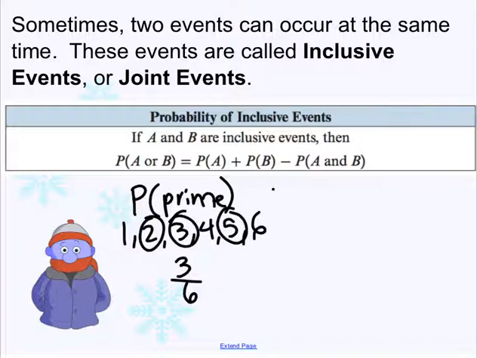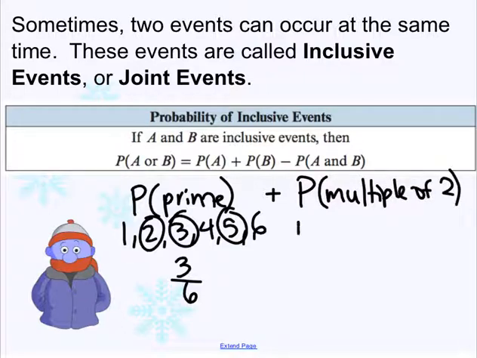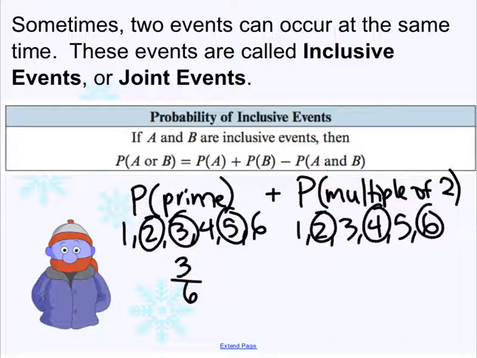And maybe I also want to know what's the probability of getting a prime number or a multiple of, let's say, 2. Okay, so out of my 6, my multiples of 2 are 2, 4, and 6, so I have another 3 out of 6.